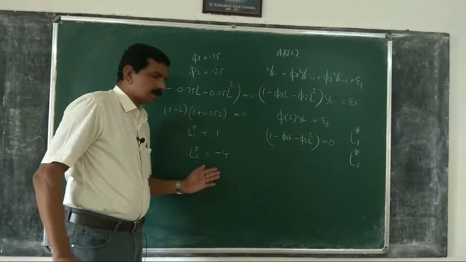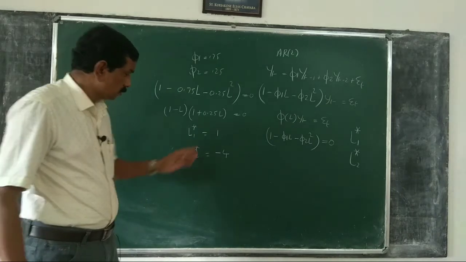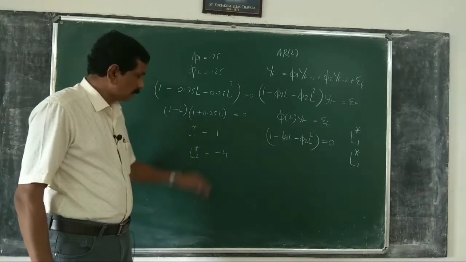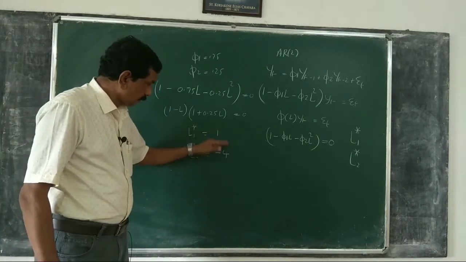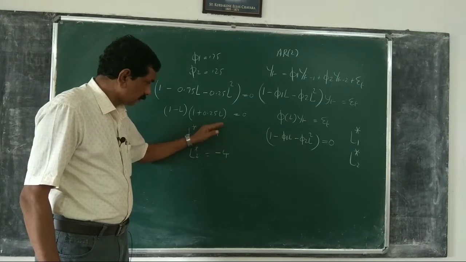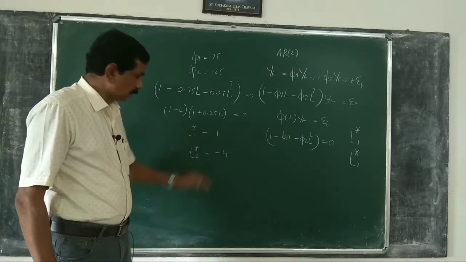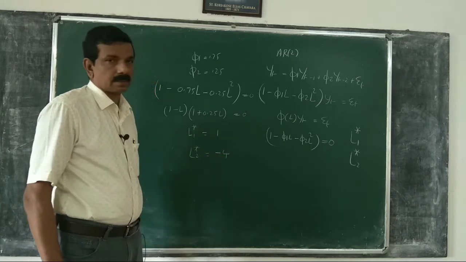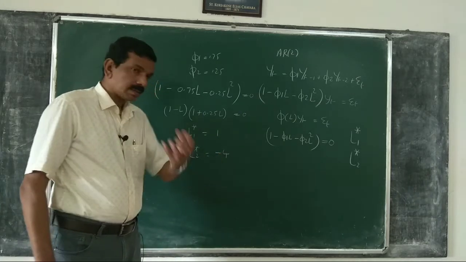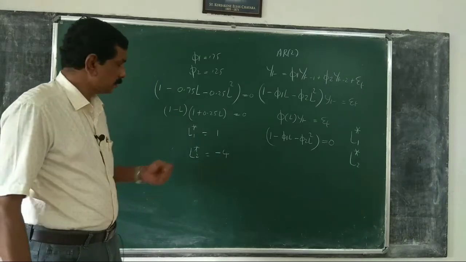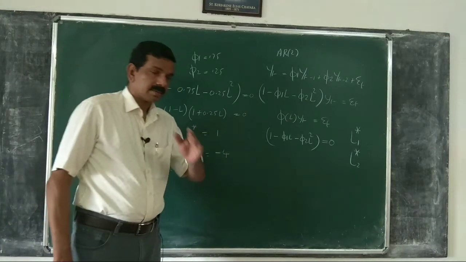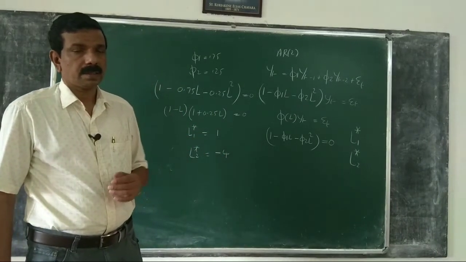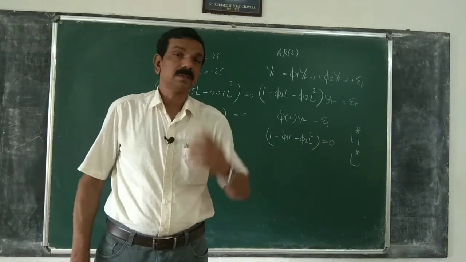So the process has two roots, and one root is 1. The other one has a modulus greater than 1. So if you extract this one unit root, you can model this as a stable process, and this is achieved by first difference.